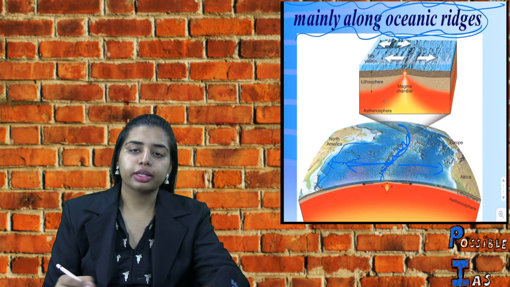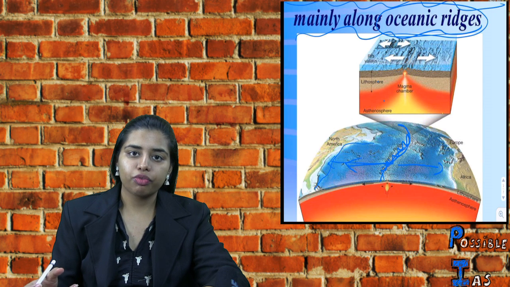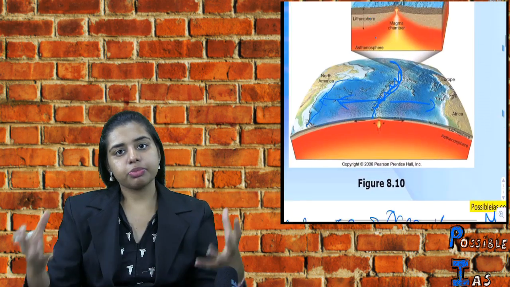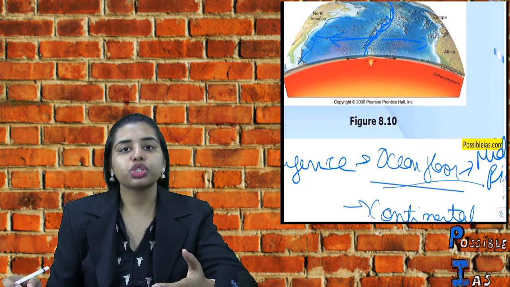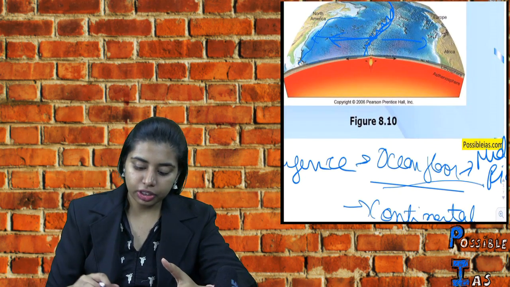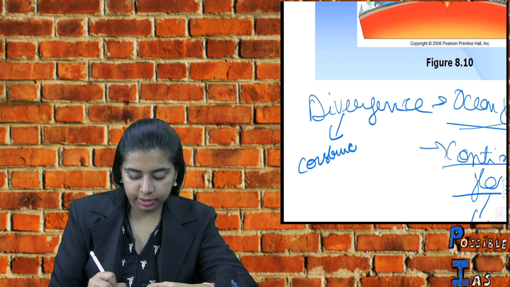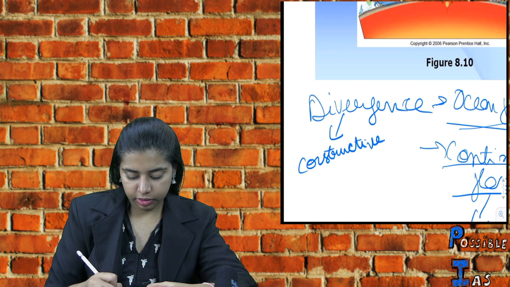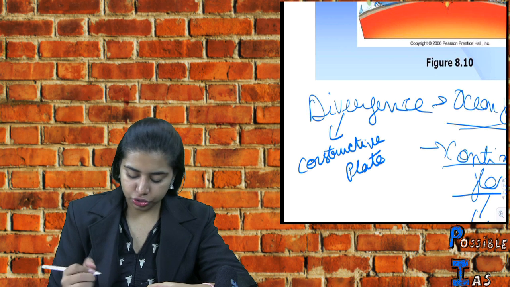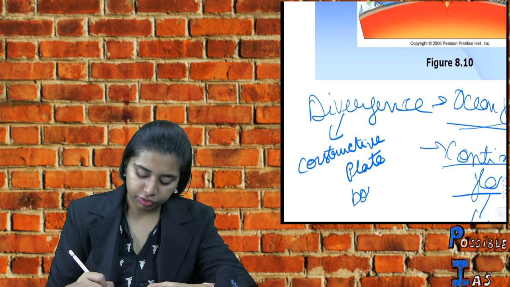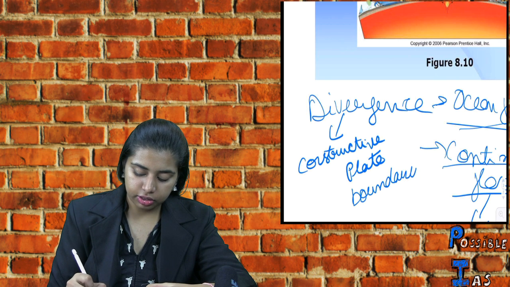When magma comes out, it will solidify and form new oceanic crust. So new crust is being constructed. That is why I said divergent plate boundaries are constructive plate boundaries. Okay, so now that should clear your concept of why divergent plate boundaries are known as constructive plate boundaries.